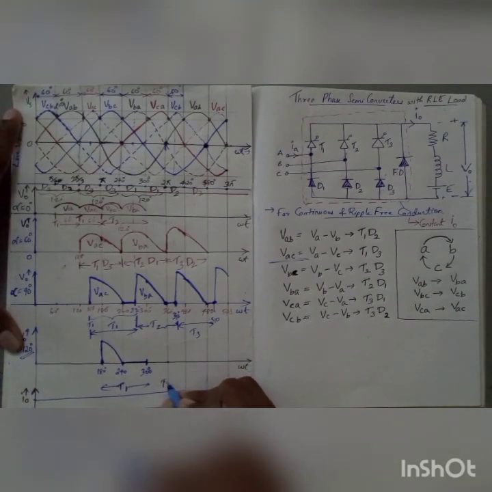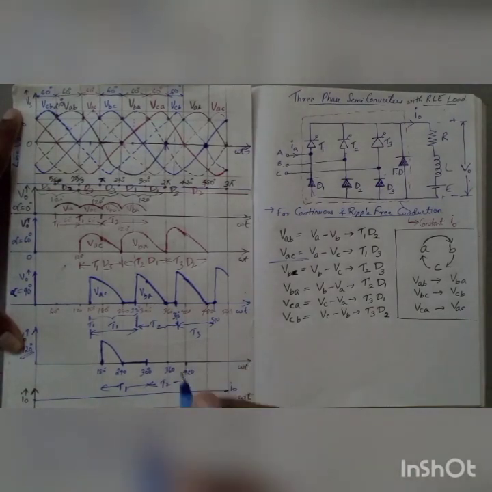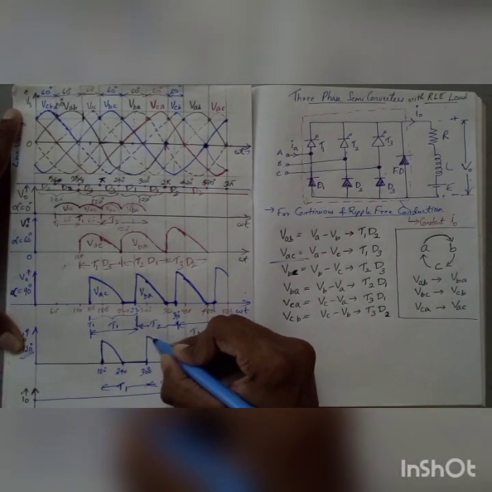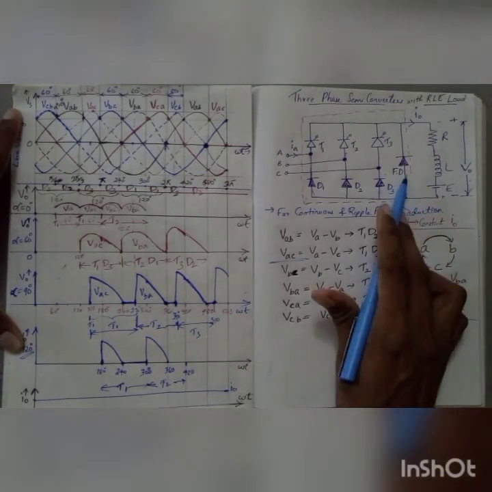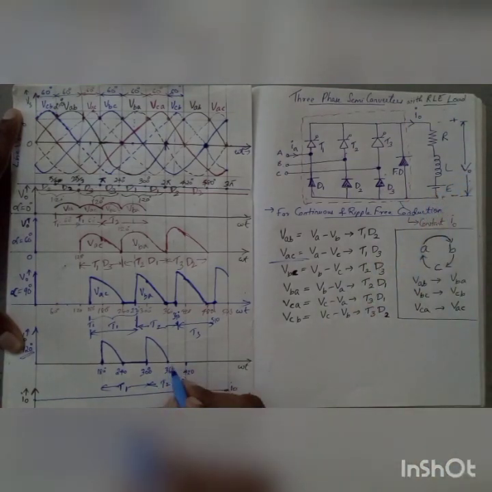Actually, my T2 should conduct from 300 degree to 360 plus 60, 420 degree. Up to 420, my T2 should be conducting. But at 360 degree, the same as before, my VBA will become negative. So due to freewheeling diode action, V0 will become 0 from 360 degree to 420 degree.